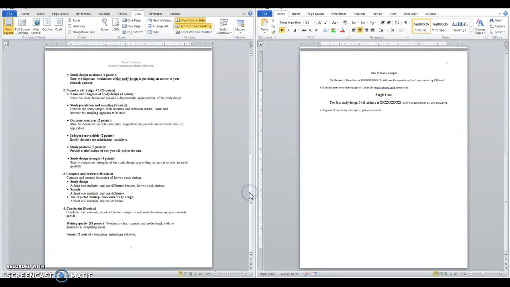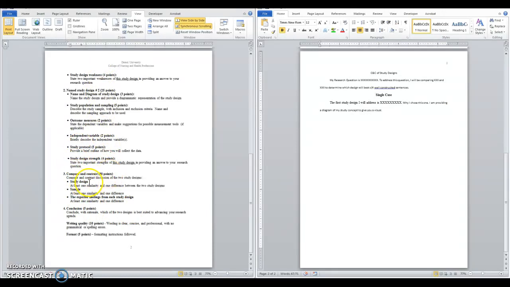Those are just suggested headings, depending on how you want to break down your paper. I would suggest that at the very minimum you use the first study design, name it as a heading, and the second study design, name that as a heading. Make sure that you hit all of the points listed for the point value within the paragraph. And then a section for compare and contrast.